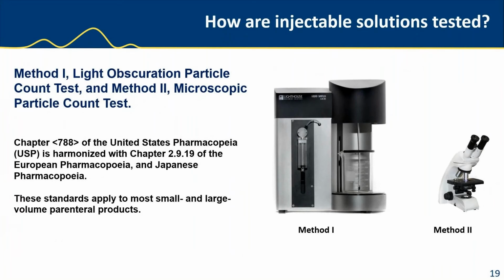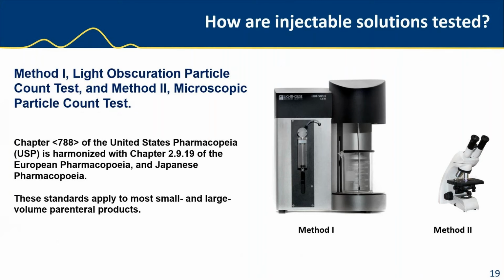So USP 788 requires two methods that we've already mentioned, one using a liquid particle counter and another with a microscope. In method 1, using a liquid particle counter, the light obscuration particle count test is used to examine injections and parenteral infusions for subvisible particles. A vial or a pool sample of vials from the product are sampled by the instrument in a clean environment.